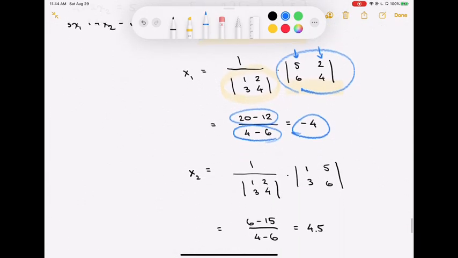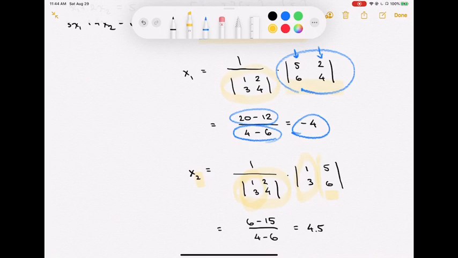Same process for finding x2. The determinant in the bottom doesn't change. That's still the determinant of A, so that's the determinant of 1, 2, 3, 4. The numerator determinant does change because I'm looking for the second coefficient, x2. I'm going to change the second column. I go back to my original A. It had 1 and 3 in there, so those stay the same.